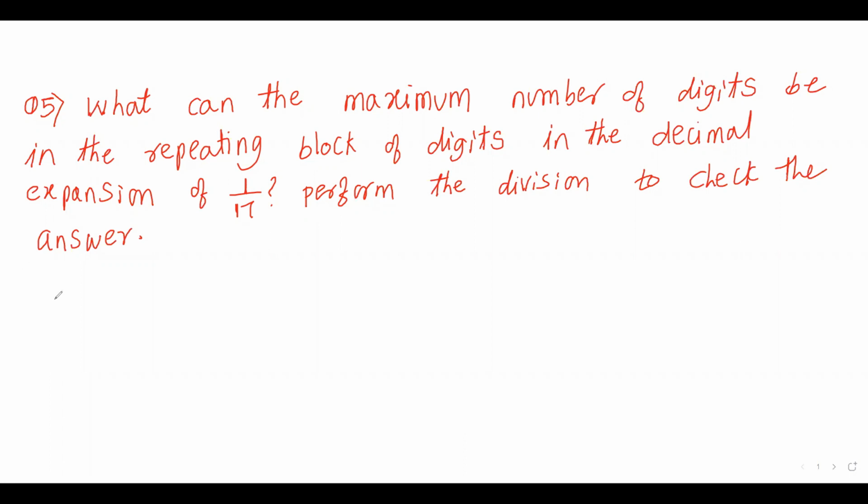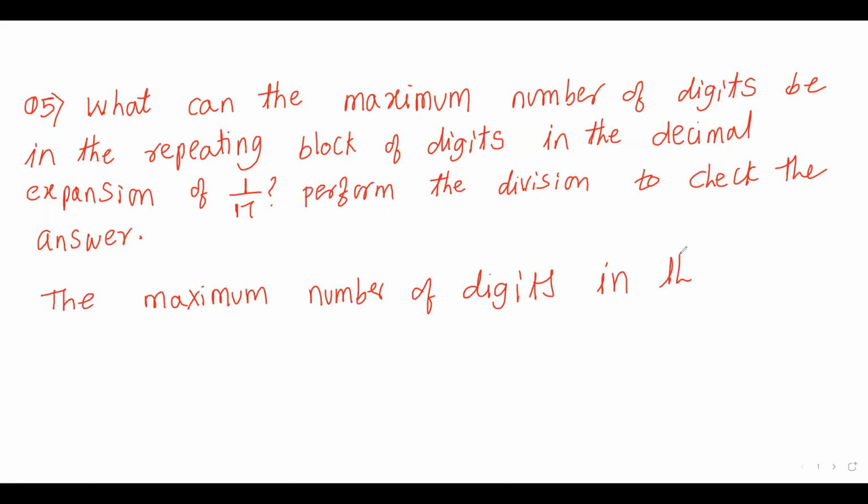So when you divide 1 by 17, the maximum number of digits in the repeating block can be 16.